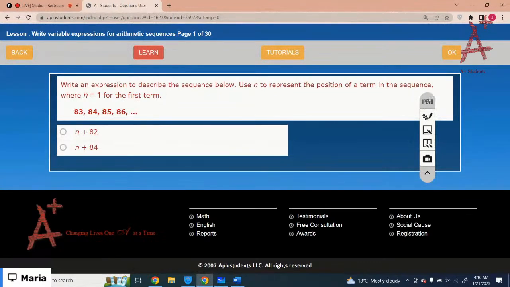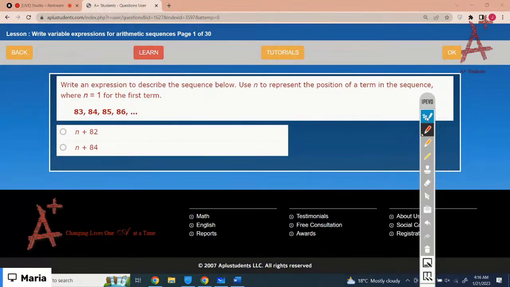Use n to represent the position of a term in the sequence for n equals 1. So you have to see which of the expressions is the correct one. Got it? Let's start with n equals 1. When you replace n with 1, it would be 82 plus 1 is 83. And when you replace 1 here, it would be 84 plus 1 is 85. But here the first term is 83. That means option number 1 is the correct option. Got it?